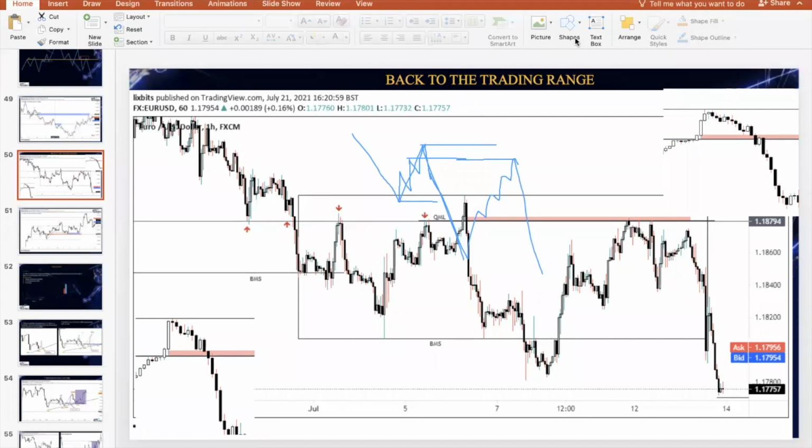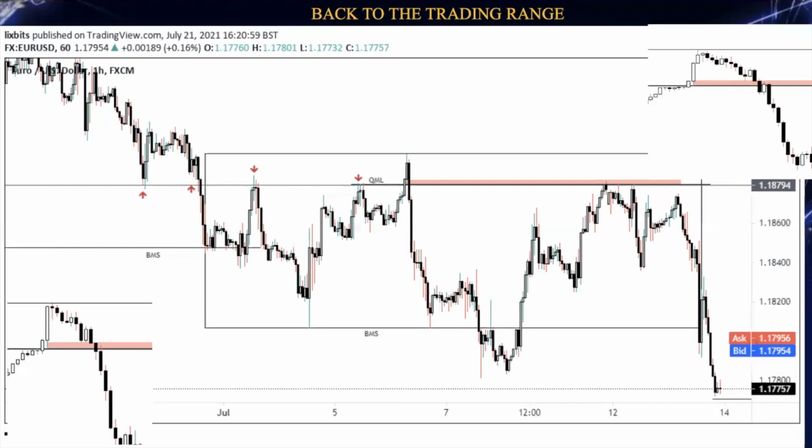So that is what you see on the screen. We have a trading range, we have a pullback like this, and then we broke that low.